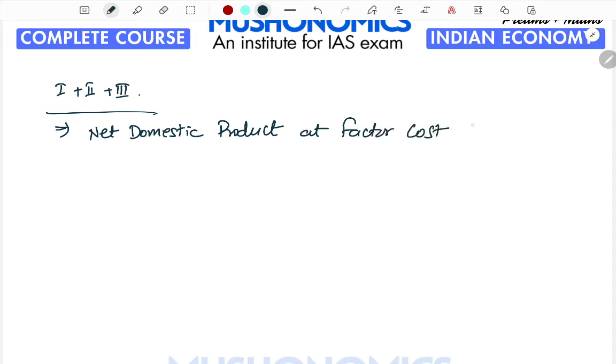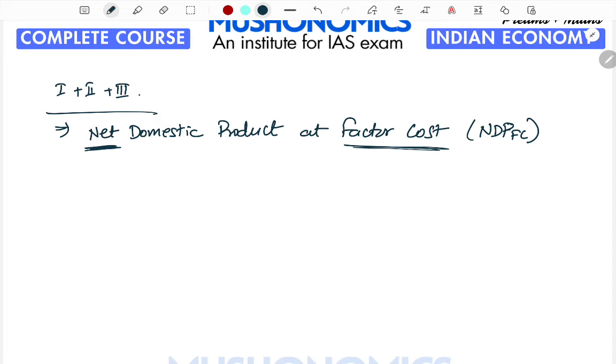Since we are talking about income method, we are not taking depreciation under consideration, so this is net. And why are we talking about factor cost? Because it is factor income and it has nothing to do with the market prices.